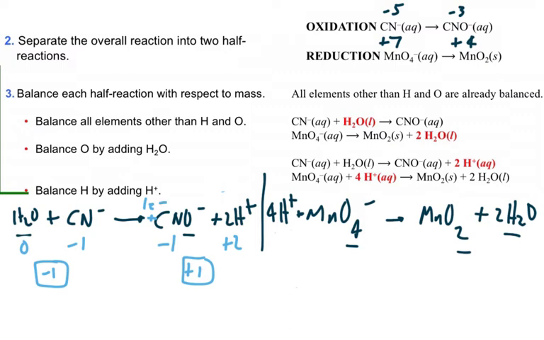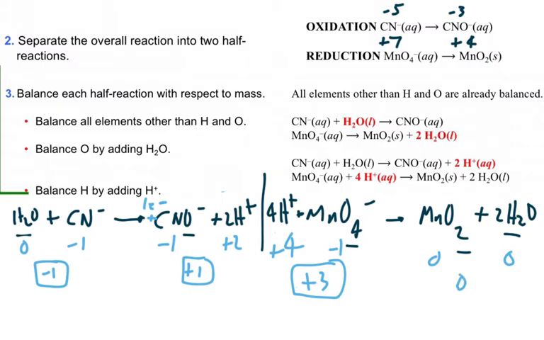So we have 1 electron. Now, on the other half reaction, there's a +4 here and a -1 here. So the net here is +3. And then on the other side, both of these are neutral. So if you look over here, you're going to notice this side is 0.